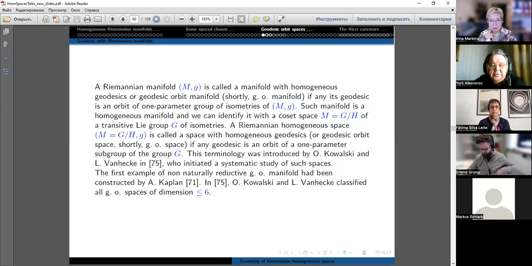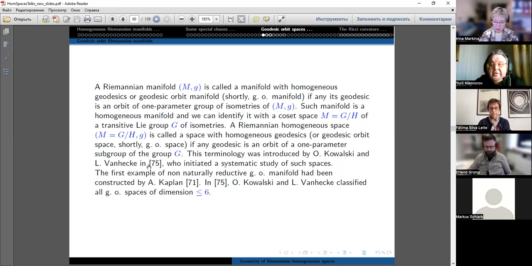This terminology was introduced by Kowalski and Vanhecke many years ago. They initiated a systematic study of such spaces. Of course, such a property was known many years before the paper of Kowalski and Vanhecke. Moreover, the first non-naturally reductive geodesic orbit manifold had been constructed by Kaplan a little earlier.